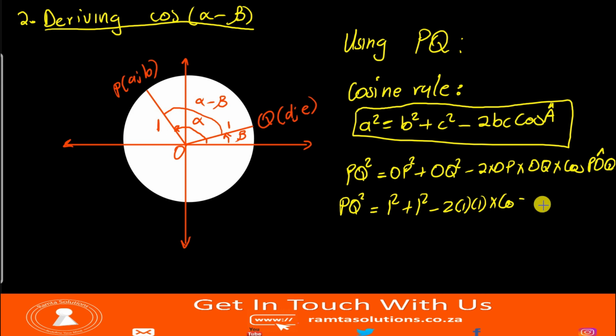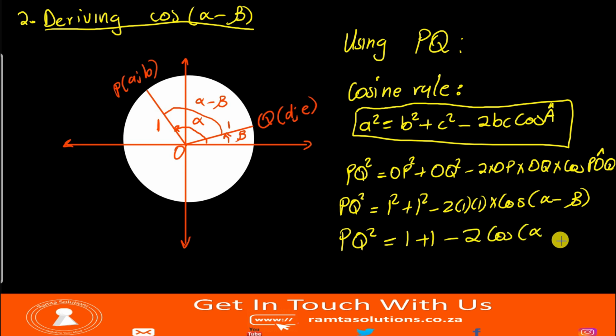So further simplification, we have PQ squared equals 1 plus 1 minus 2 cos alpha minus beta. Therefore, PQ squared equals 2 minus 2 cos alpha minus beta. Cool, moving on.